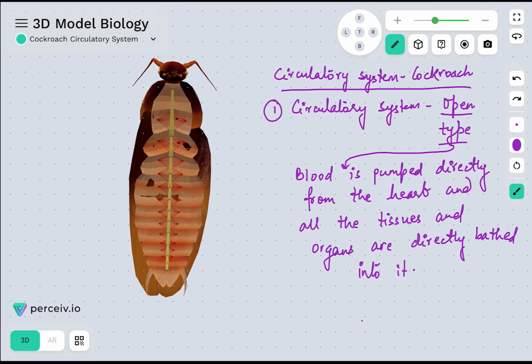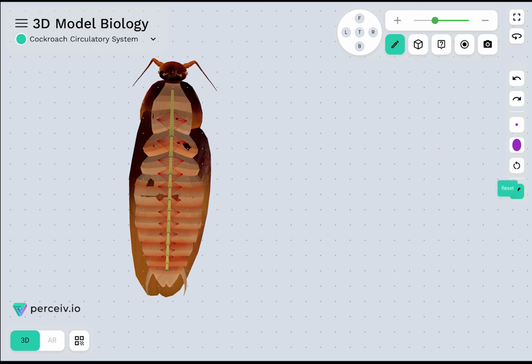So we can indirectly say that the blood vessels in cockroach are poorly developed, and those blood vessels actually open into spaces which are called hemocoel. We will see that part in the model as well. So this was the first point, that the blood vascular system is of open type.